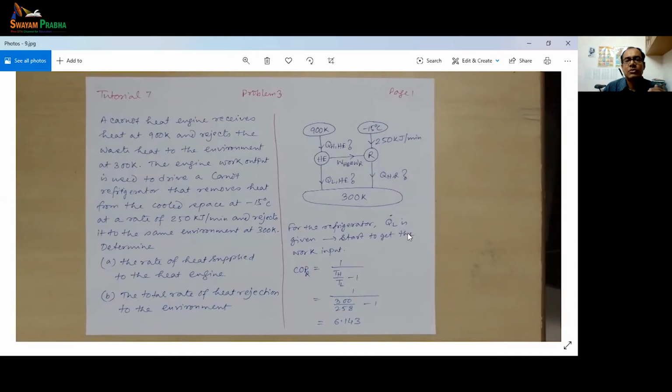Okay, and that's why we could find all of them, and the heat interactions were the common link between these two devices, the heat engine and the refrigerator. So this gives us a comprehensive view of how to look at the Carnot cycles and how the different directions of heat interactions happen for a heat engine or a refrigerator.